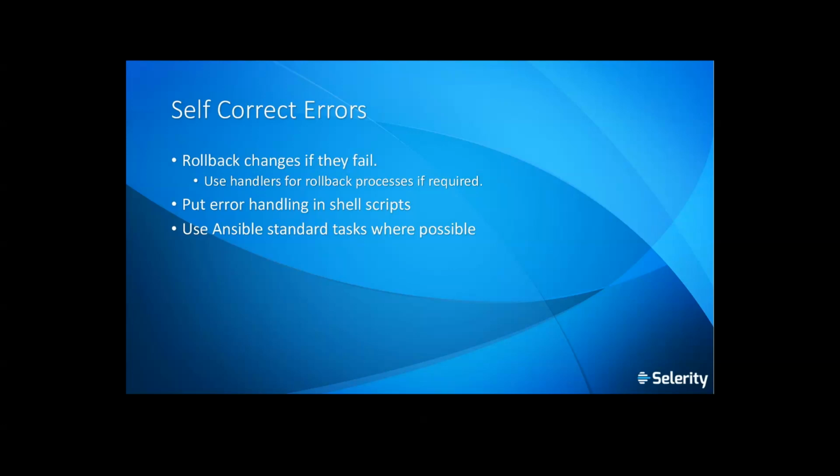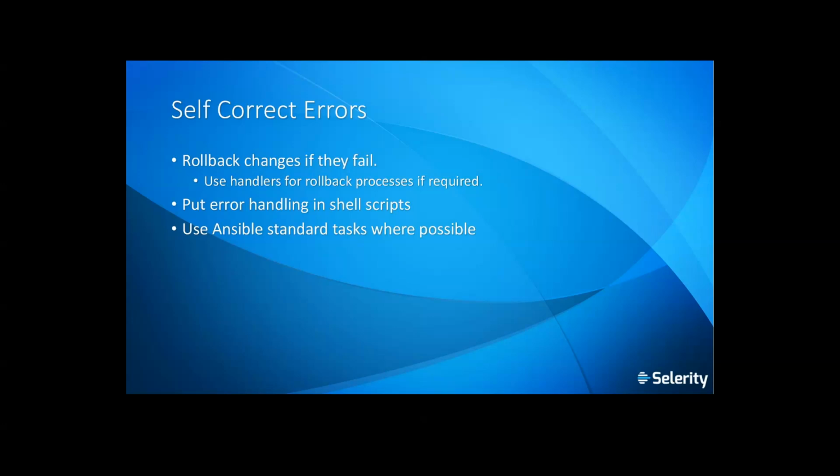The other important component when you're running these processes is to self-correct if errors occur. Out of the box, Ansible will perform rollback on most of its tasks if there's an error. The way it does that underneath the covers is that it typically creates a working copy of the object that it's modifying, and if that's successful, then it replaces it.